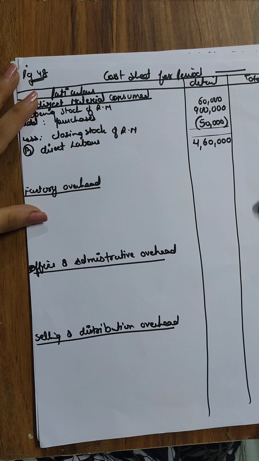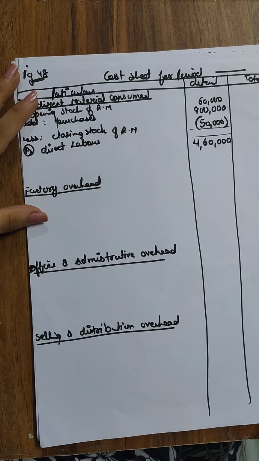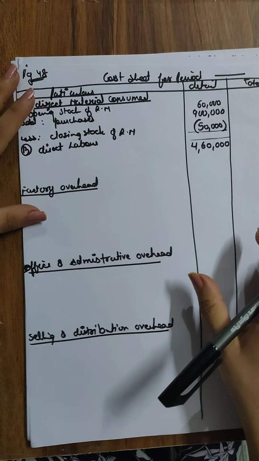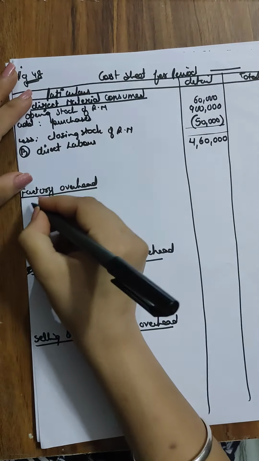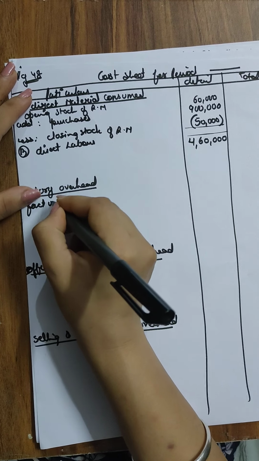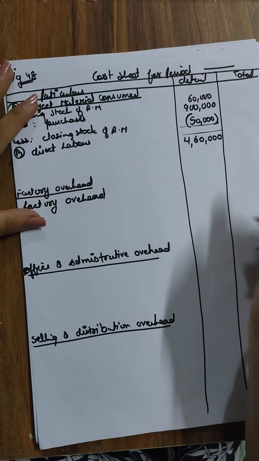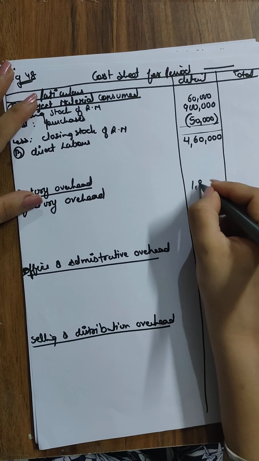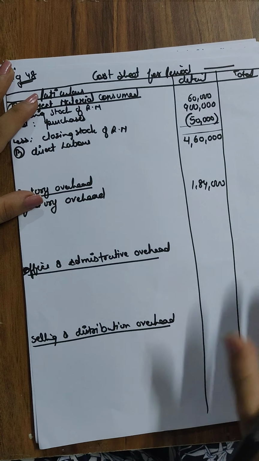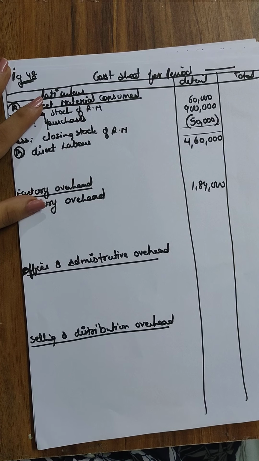Next thing straight away given to me is factory overhead as 1,84,000. This is the simplest thing. The factory overhead is already given to me as 1,84,000. Next thing given to me is administrative overhead as 60,000.